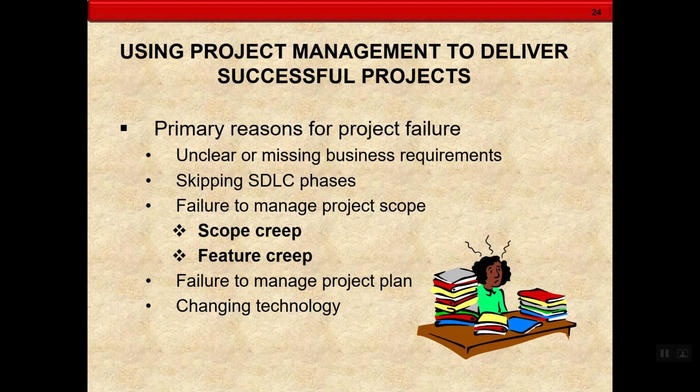And what happens is there's a concept called scope creep and feature creep, where you say you're going to write a program A that's going to do certain functionality, and then at the end, that program actually does all sorts of additional functionality, which takes additional time and resources, and adds a lot more complexity. So one of the key challenges for project managers is to keep both the features and the scope under control, and focus on the delivery of the project.